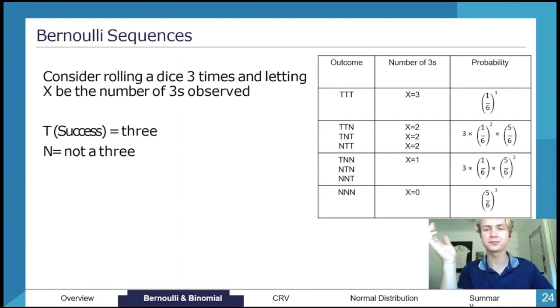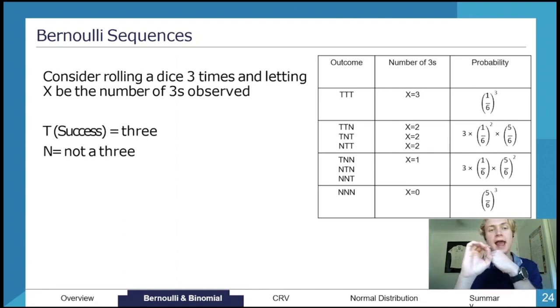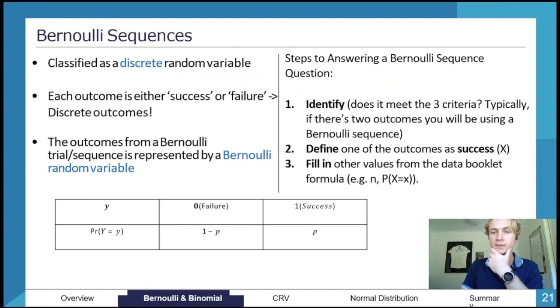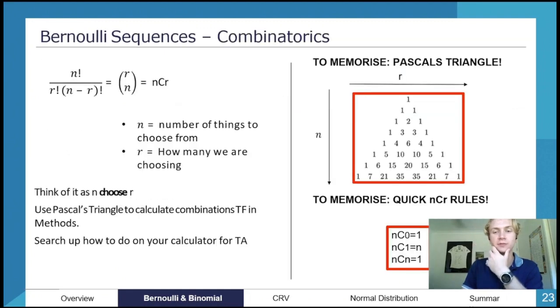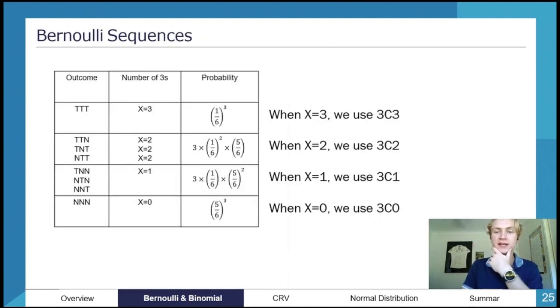And this is just using our tree diagrams, something that you learnt back in year 10. There's different combinations of TTN, etc. And I don't want you to know these. This isn't typical for me. What I want you to know is these 3 steps, and then apply them. Sub it into this formula, which you might have to use if it's tech-free. So this is the different combinatorics we would use.